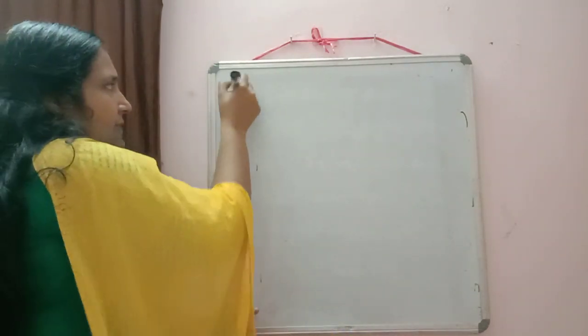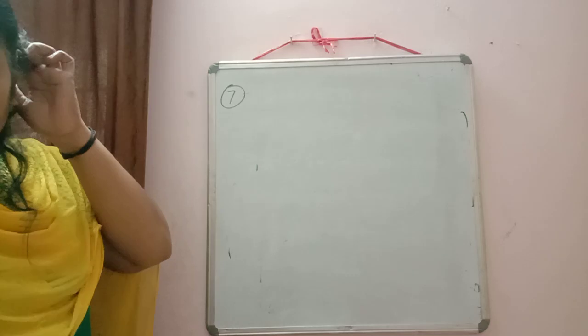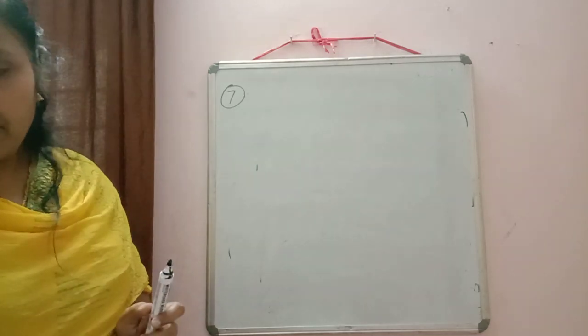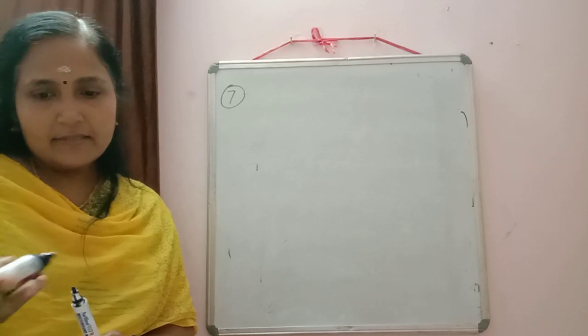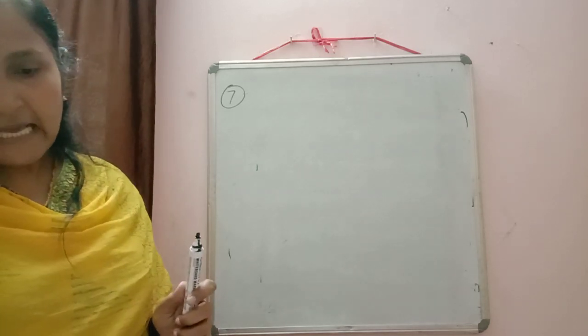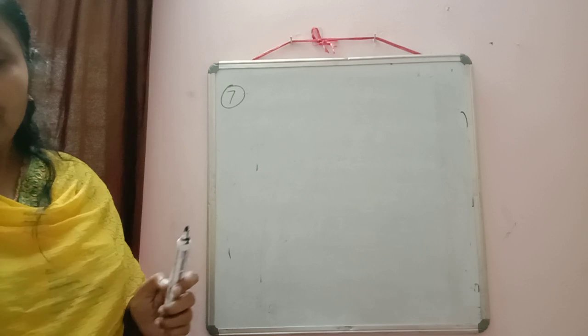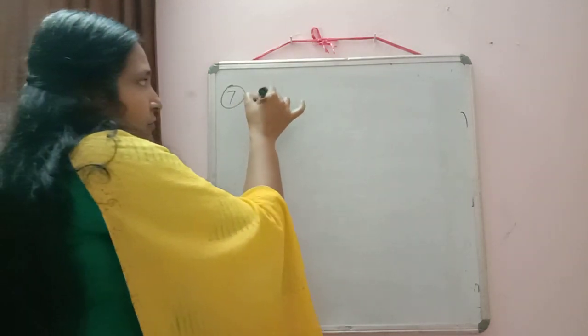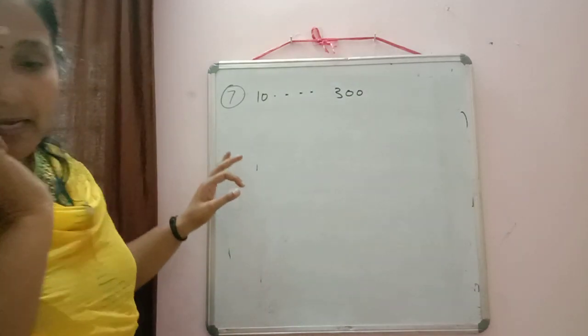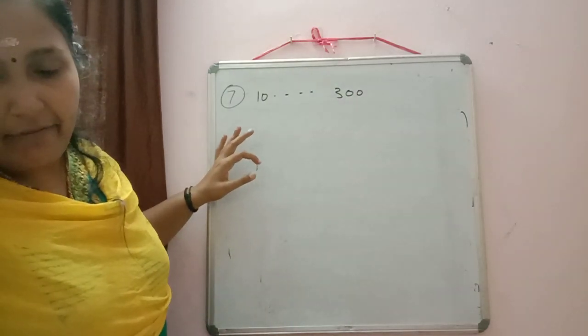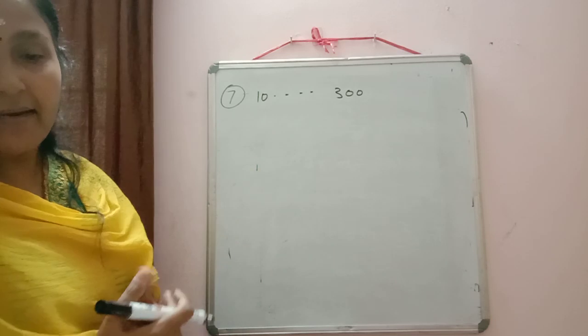Question number 7 is, at present we did the question on multiples of 4. Here it was asked how many numbers lie from 10 to 300. We have to include 10 and 300 also according to the question, which when divided by 4 leave a remainder 3.